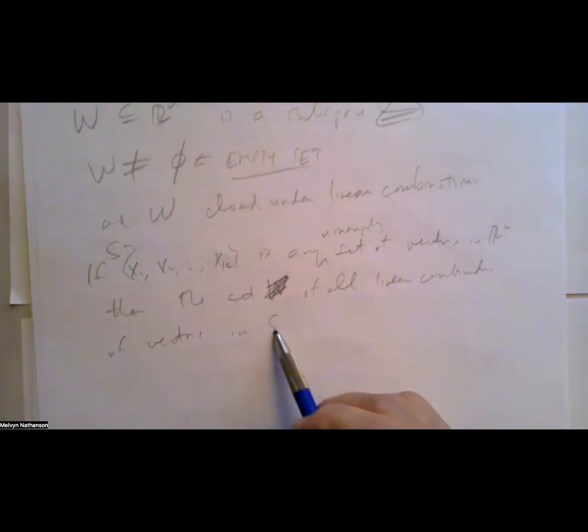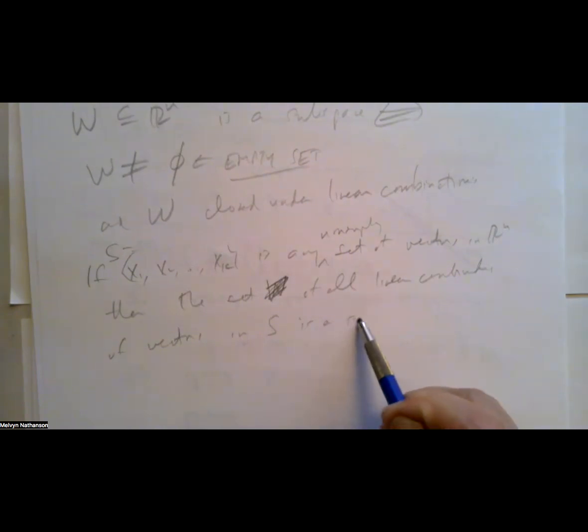So S is a set of vectors. The set of all linear combinations of vectors in S is a subspace, which is called the subspace generated by S.